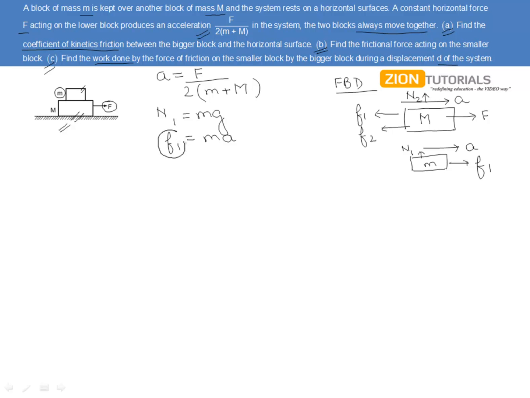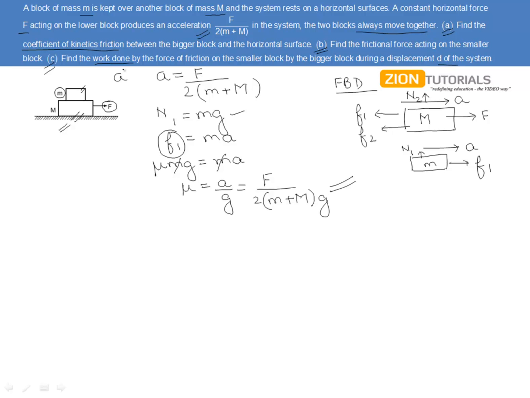Now what is the frictional force? This is mu times the normal reaction, that is mg. So it is mu mg equals ma. Cancelling the factor of m, we get mu being a over g. And the acceleration has been given to us in the question, giving us the answer for this problem.